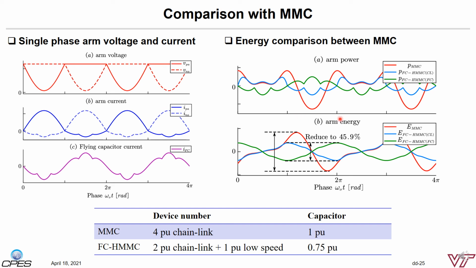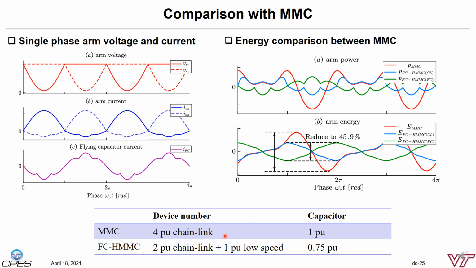The right-hand side shows the arm power and arm energy variations in comparison with the MMC solutions. It shows about 50% energy reductions, which means that the total MMC submodule capacitors can be reduced by 50%. However, if we consider the flying capacitor, the total capacitor reduction is about 25%, but the flying capacitor-based HMMC solution requires fewer switching devices.